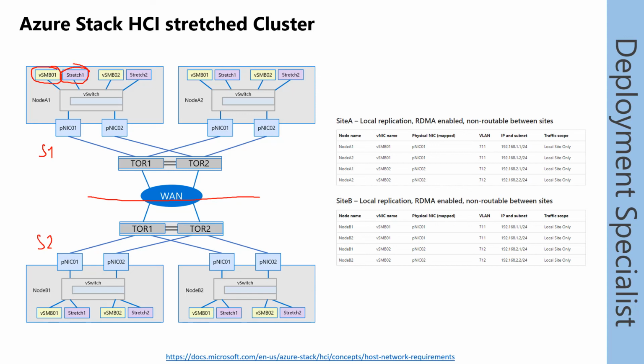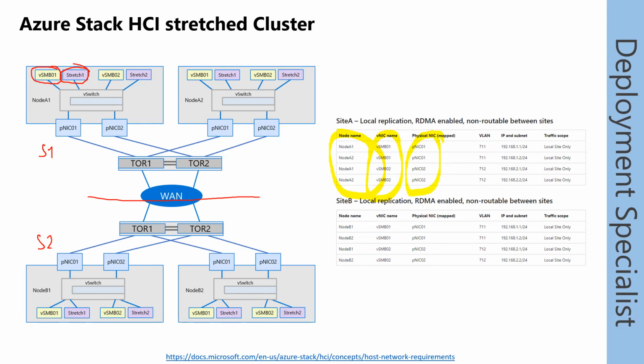Now, if we configure this in an example, for sure you will use your own IP address ranges. We can see inside site A, we will use the physical NICs with the virtual NICs in this configuration, with the SMB configuration mapped to the physical NICs.